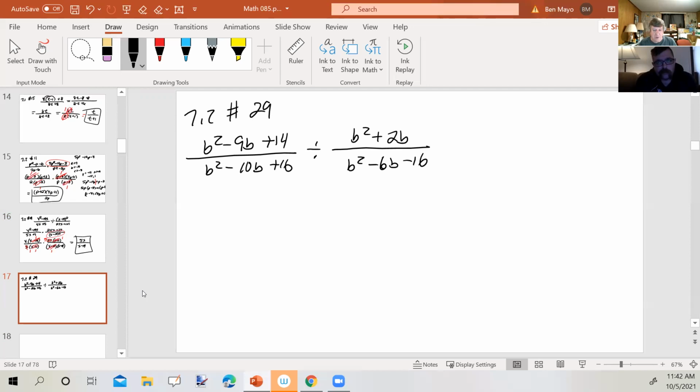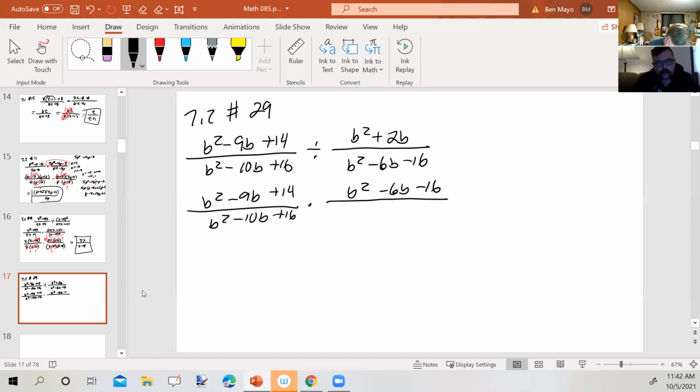The first thing I'm going to do is change division of a fraction to multiplication of its reciprocal. So b squared minus 9b plus 14 over b squared minus 10b plus 16 times b squared minus 6b minus 16 over b squared plus 2b.